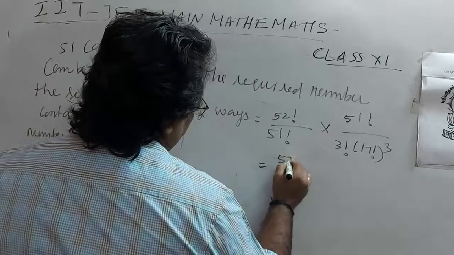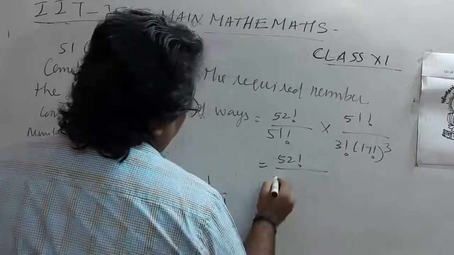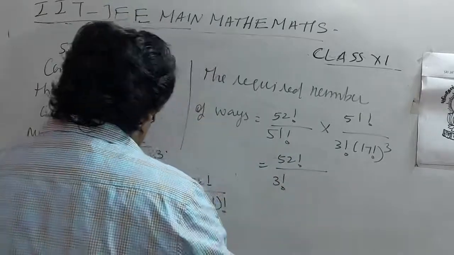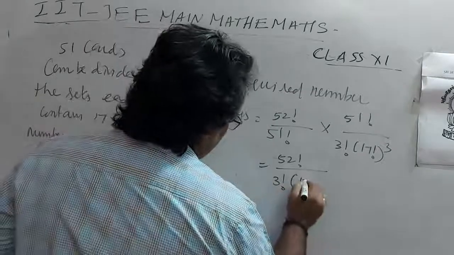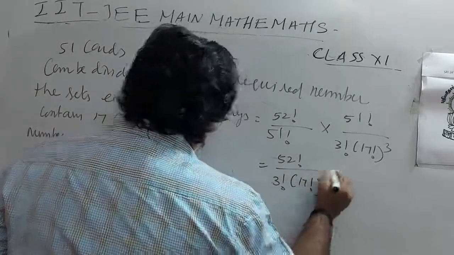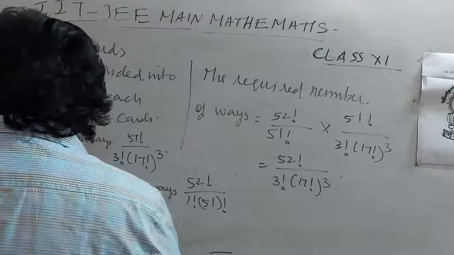That is 52 factorial into 3 factorial by (17 factorial) whole cube.